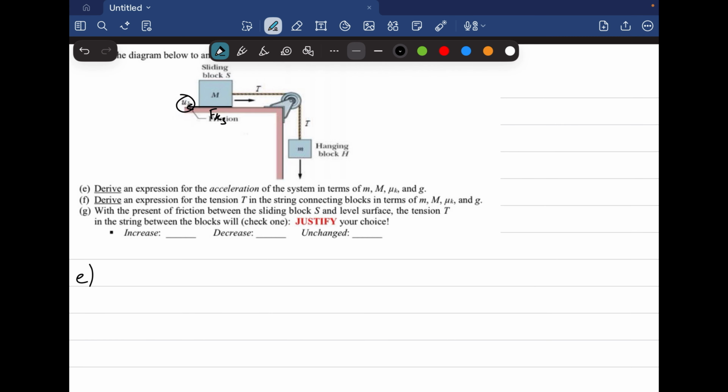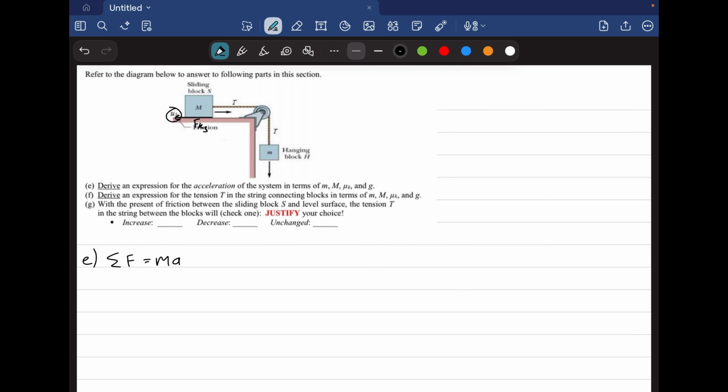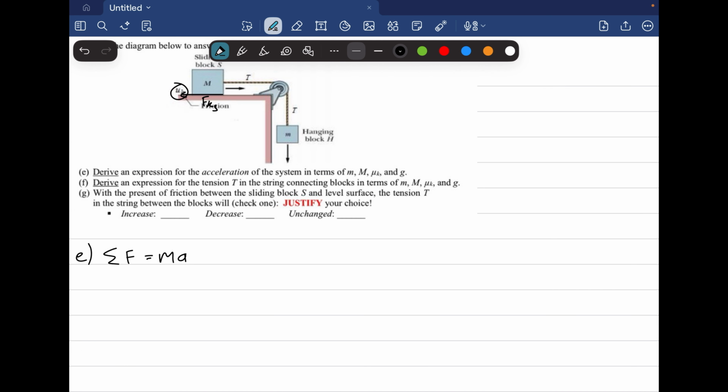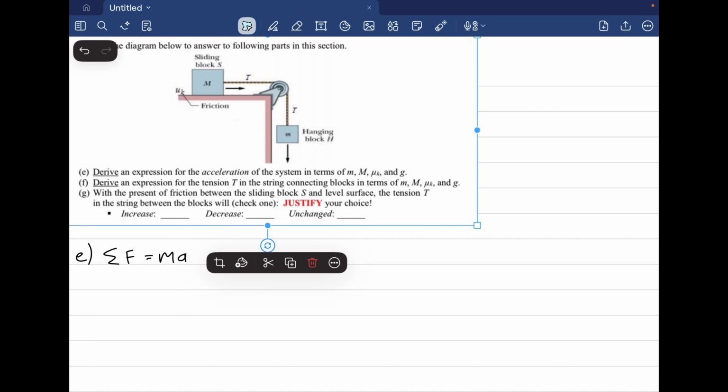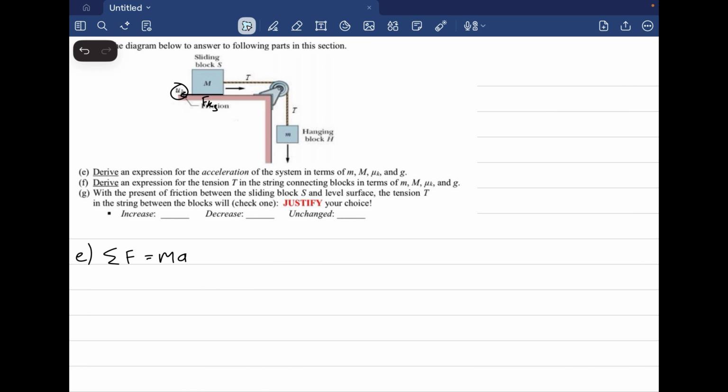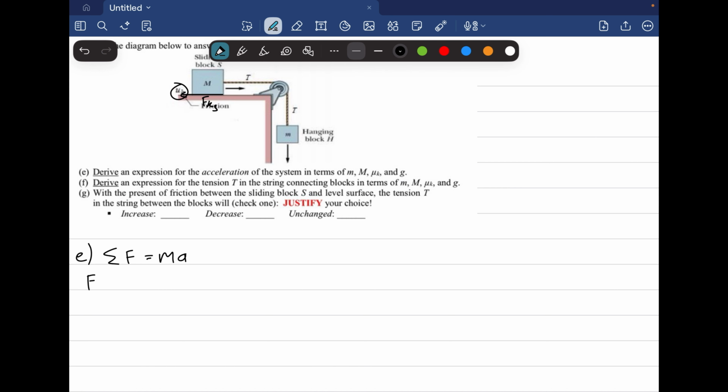So first, it's moving to the right. So I'll take the line of motion to be positive. So I'll write down Newton's second law. Right. So now I'll put in Fgh, right?